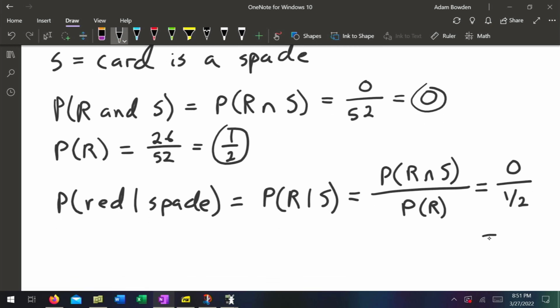And that's just equal to 0. So there's a 0 chance of this happening, which makes sense in the long run. But this is just showing how the formula functions in a case like this as well.